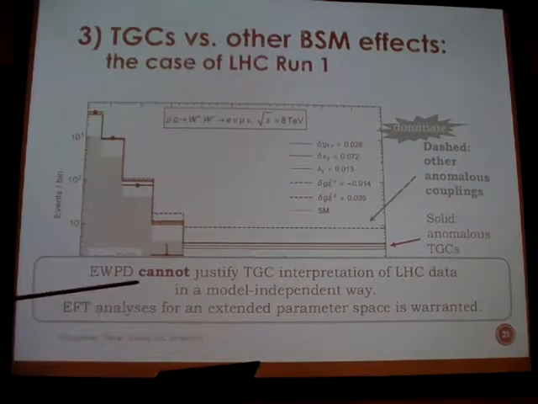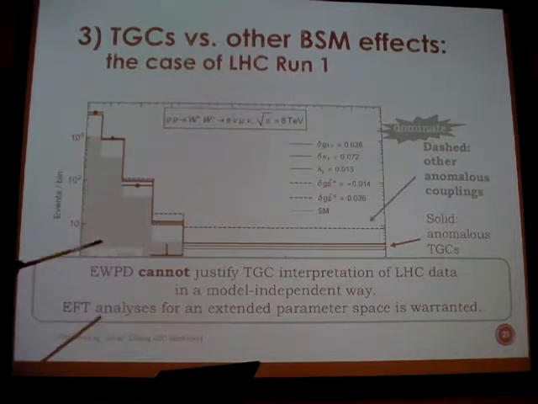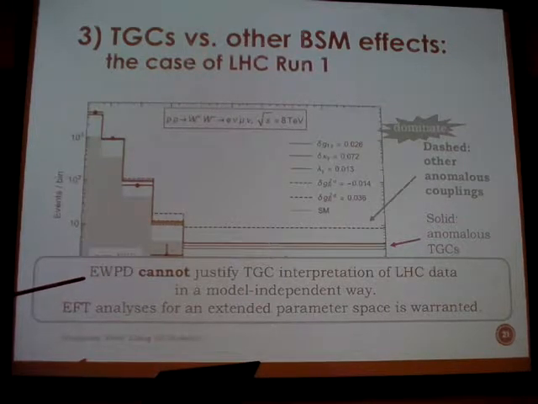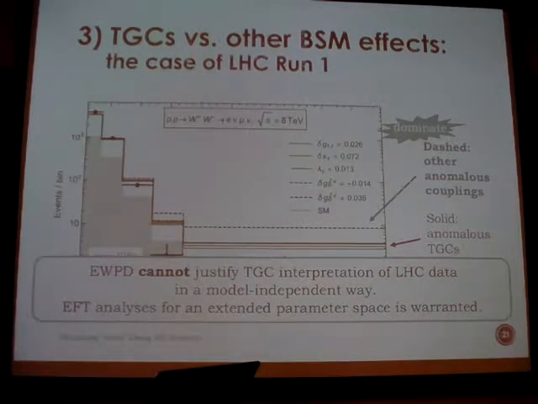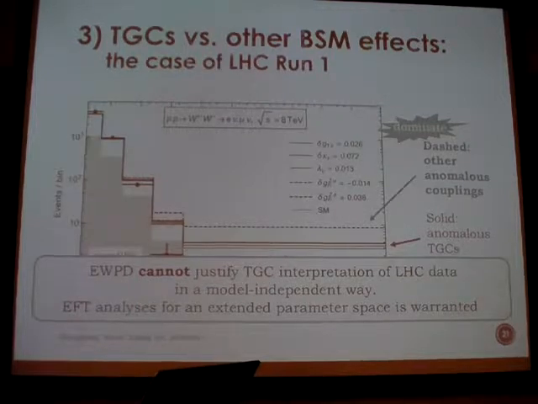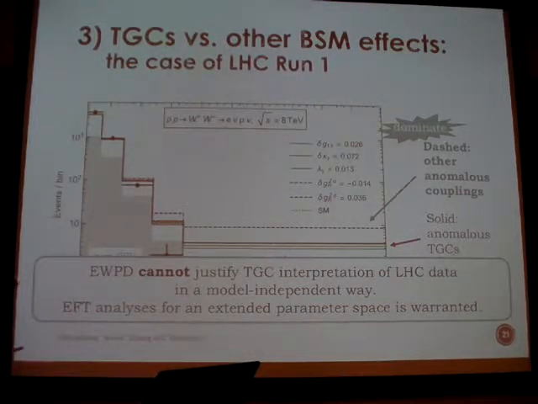So of course, if you just have a BSM theory that only affects the TGC couplings, then it's still fine to use the TGC parameterization, but that seems like a really contrived set of BSM theories, because all these parameters can receive contributions from the same set of effective operators, so naively you would expect them to be correlated. So if you're saying you only have anomalous TGCs and nothing else, it will be really a fine-tuned or contrived new physics theory.